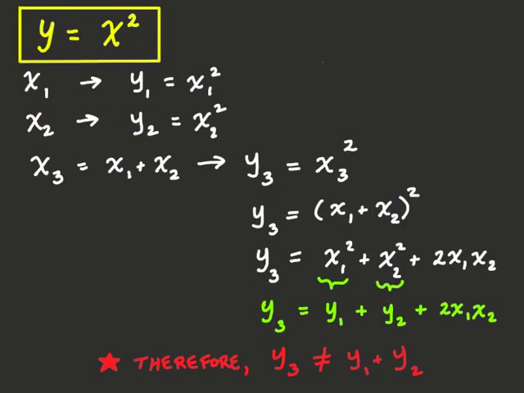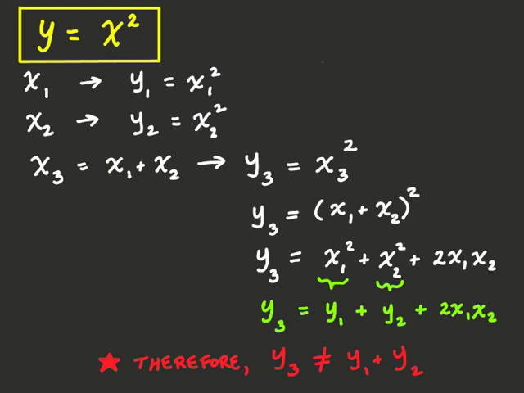We'll now show that this is true for arbitrary inputs, x1 and x2. So, x1 produces y1, which will be x1 squared, and x2 produces y2, which will be x2 squared. And now we'll put in x3, which is x1 plus x2. y3 will be equal to x3 squared.